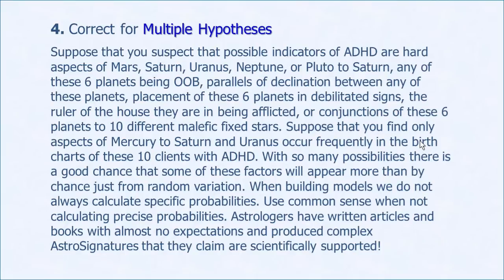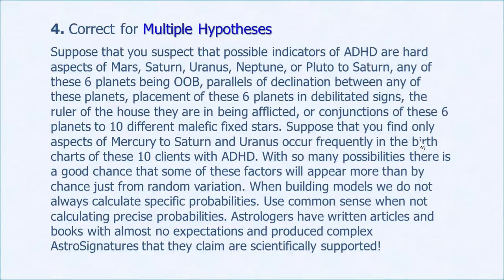Some astrologers also use the ruler of the house that the planet is in. So if Mars is in the third house in Gemini, then you look at Mercury, which rules the house, and maybe Mercury is squared to that planet in the third house, or some other kind of configuration that's considered to disturb things.